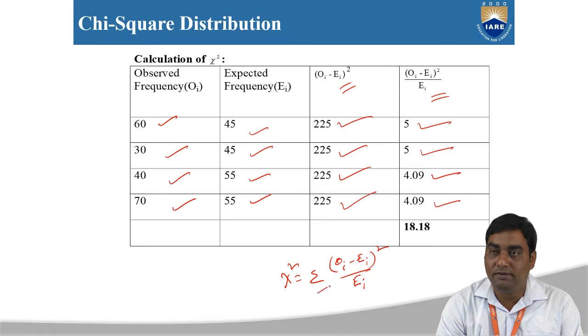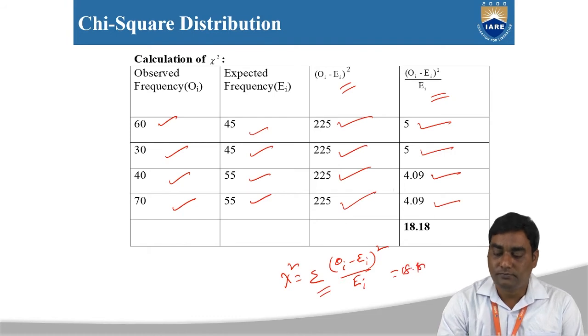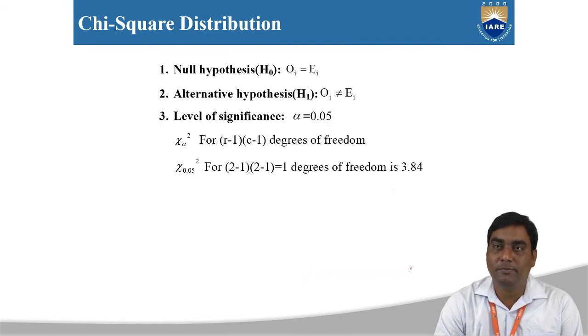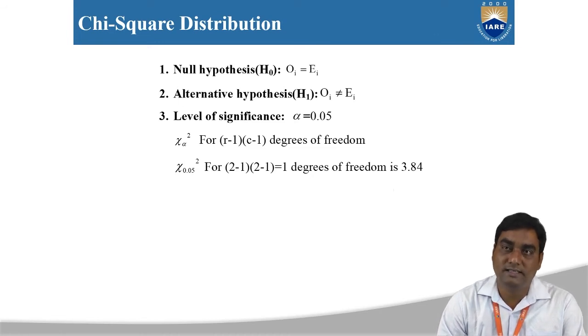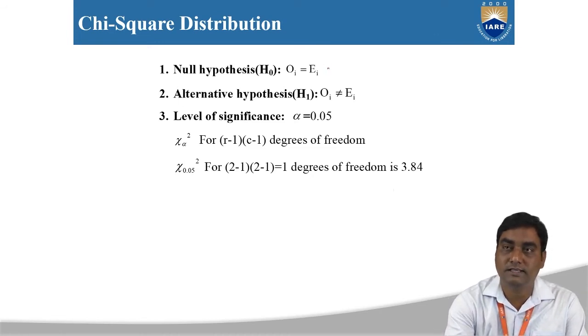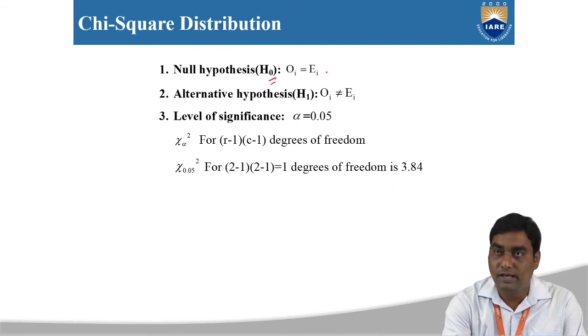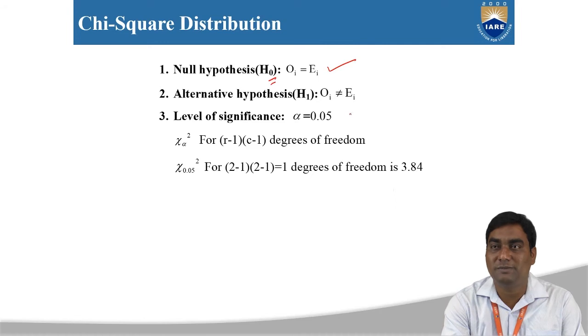But in the formula we have a sum. If we add all these terms, we are going to get 18.18. Now, in the test of hypothesis procedure, we are going to discuss all the 5 steps. Step 1, the null hypothesis, defined as H0: there is no difference between observed and expected frequencies.